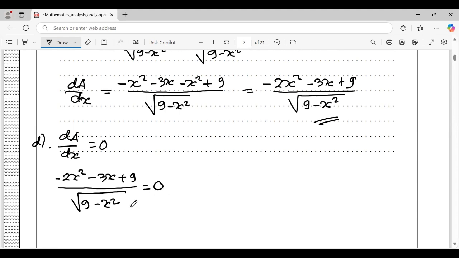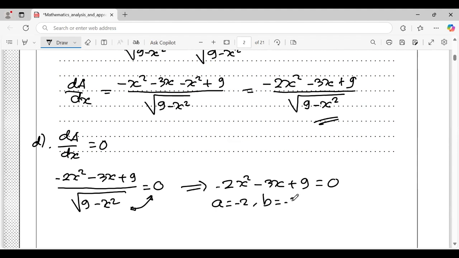If we multiply by the denominator, it becomes minus 2x squared minus 3x plus 9 equals 0. Now we are going to find the value of x using the ABC formula. A equals minus 2, B equals minus 3, and C equals 9.